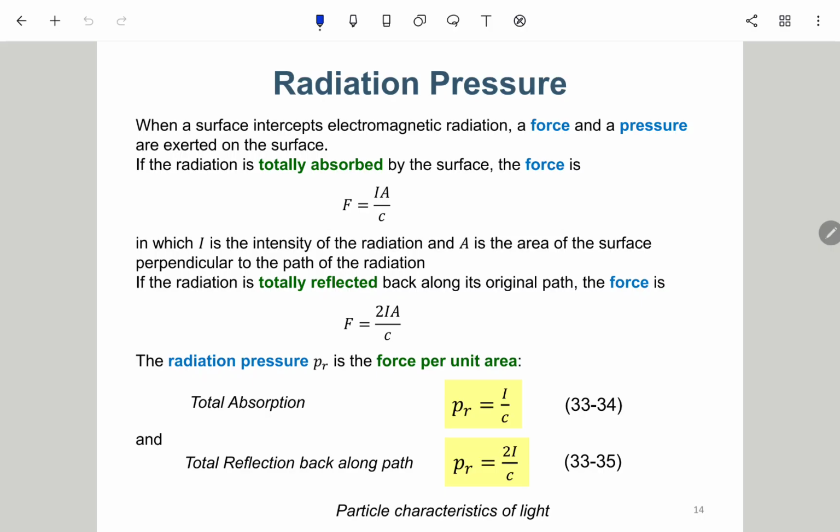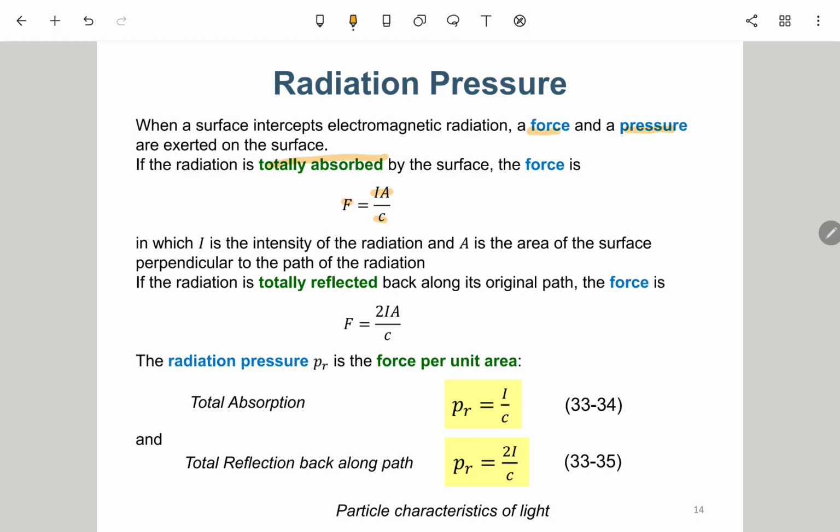So here it says, when a surface intercepts the EM radiation, a force and a pressure are exerted on a surface. If the radiation is totally absorbed, the force is actually F equals IA over C.